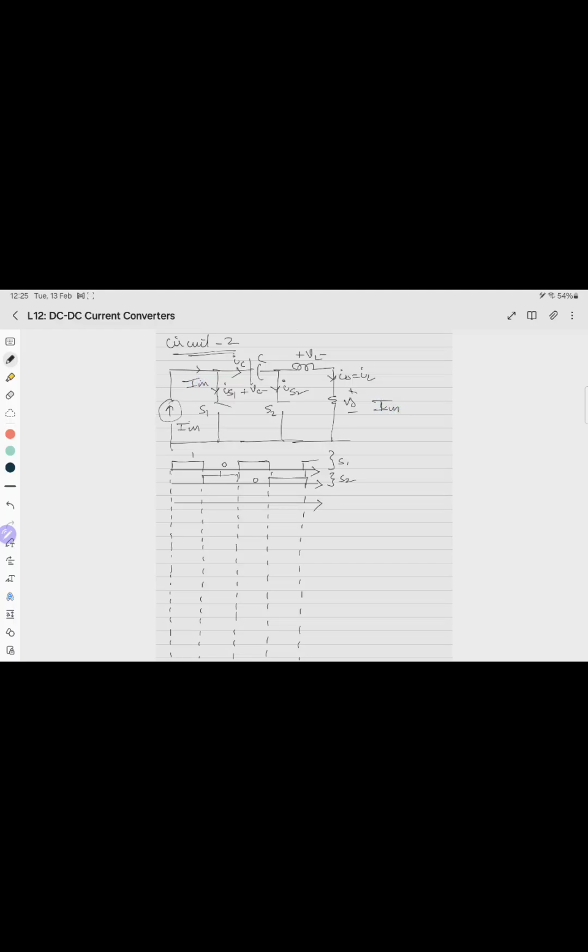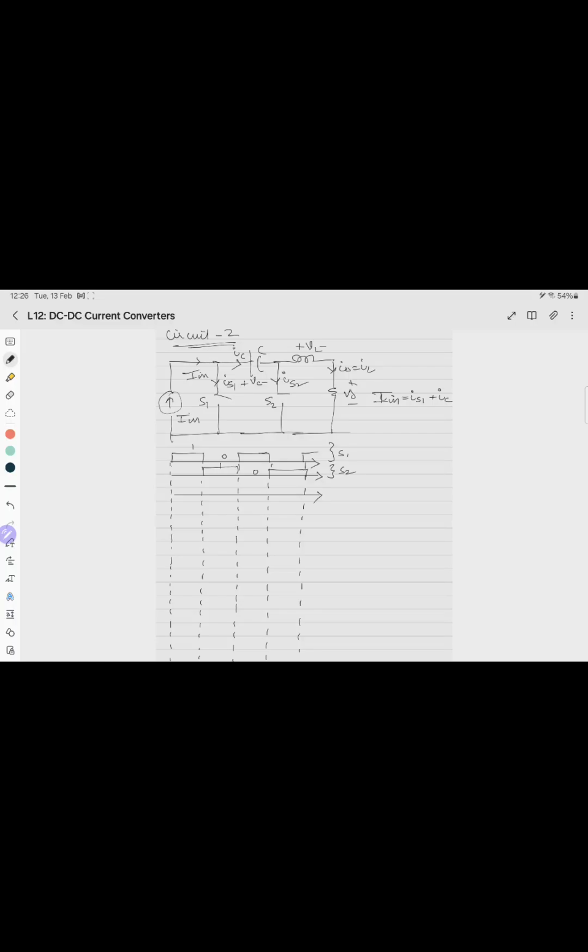So I in is what? IS1 plus IC. Whenever the switch S1 is on, the current through S1 is I in minus IC, and when the switch S1 is off, the current through it is 0. Similarly, if S2 is on, then I in equals IC.